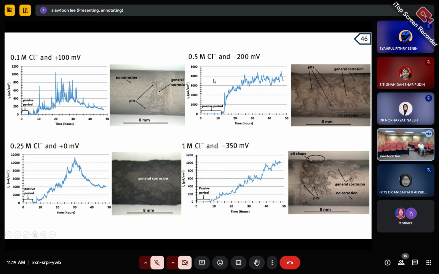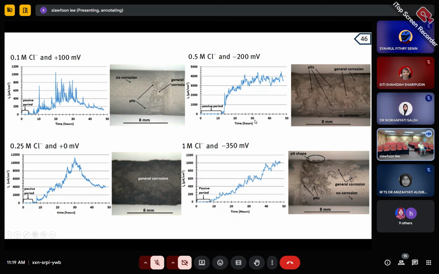So for every pH and every concentration of chloride ion, you need to be careful to choose the polarized potential you apply in the anodic repassivation. And you also need to be careful with the amount of time that you apply it on the steel.